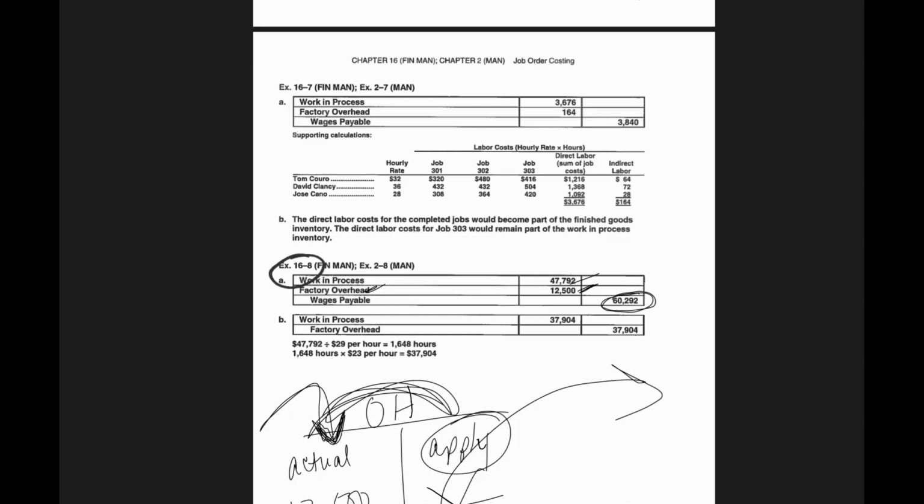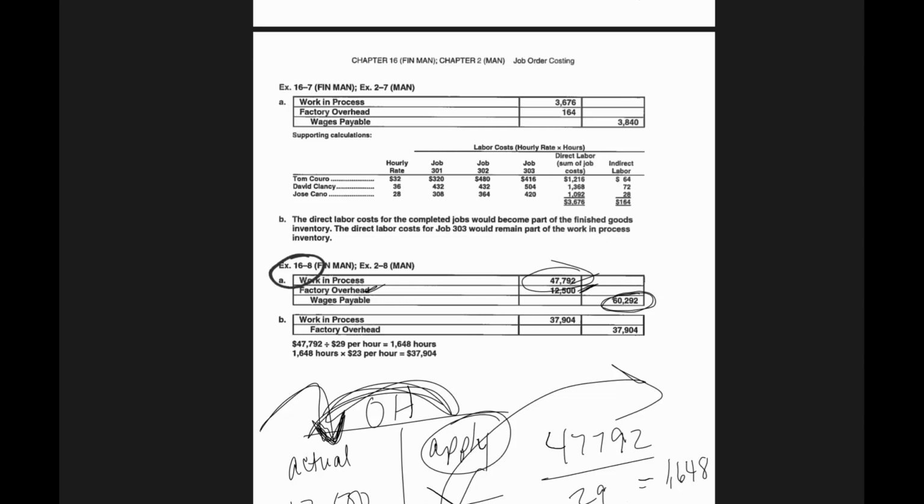So in this case, it's applied based on labor hour. If we look here, we have $47,792 in this account, into WIP for labor. And we are paying them $29 an hour. So that means we have 1,648 hours.